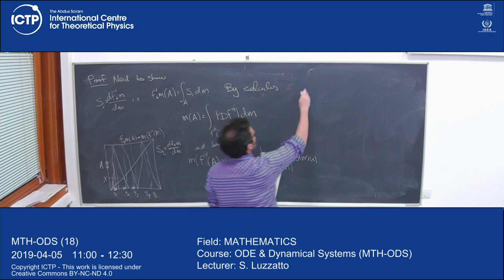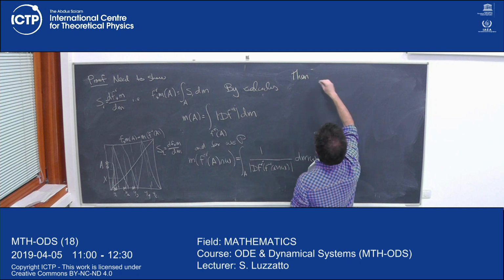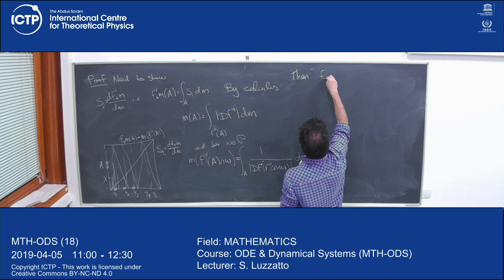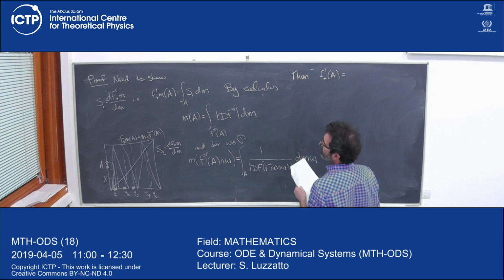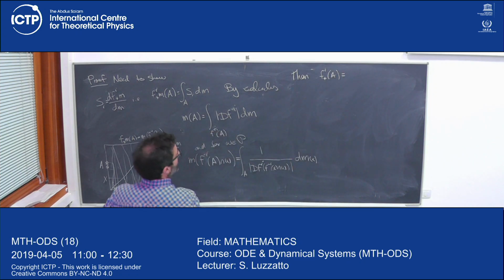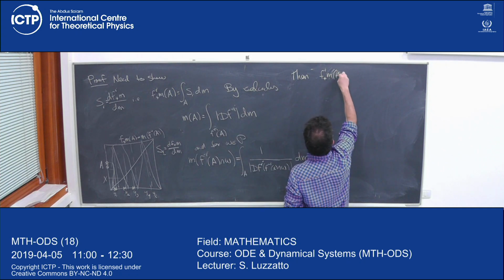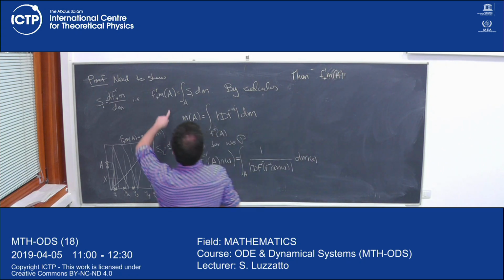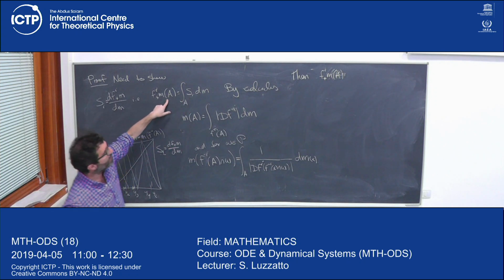Then we have f_I star of A. This is what we're trying to show: that this has exactly this form.